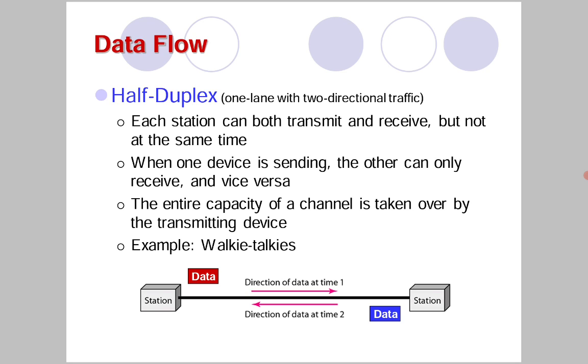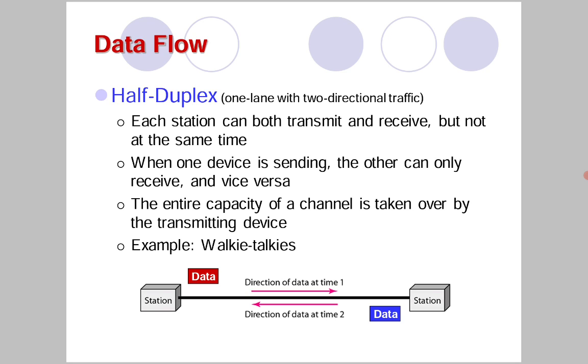Half duplex, the second type of data transmission mode. Generally, in half duplex mode, each station can both transmit and receive, but not at the same time.